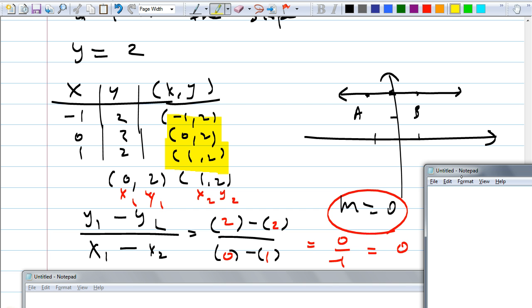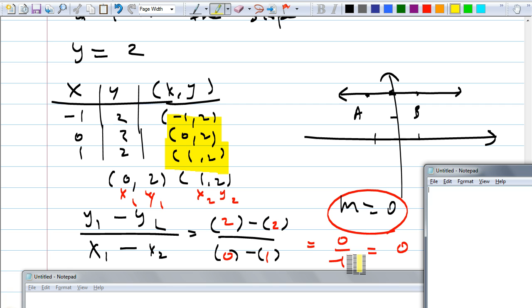Anybody see why? Chansu? There is no rise. It's exactly right. It's rise over run. If your y value is the same, you're going to subtract the same number on the numerator every time. So it's going to be 0 over some number. That's why the slope is 0.